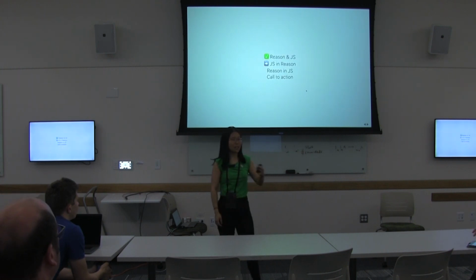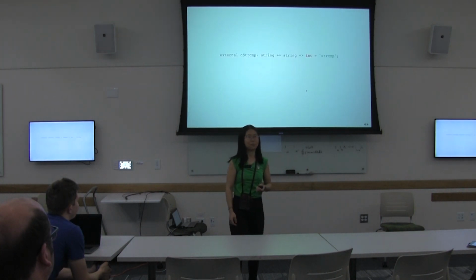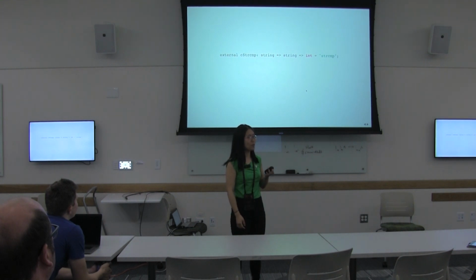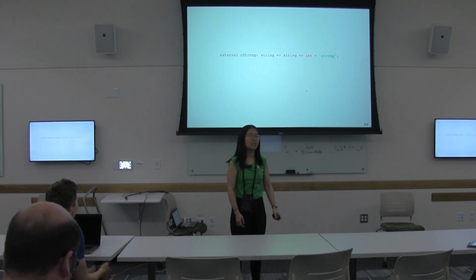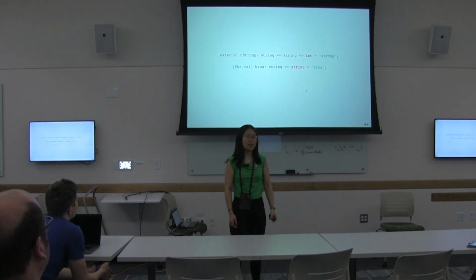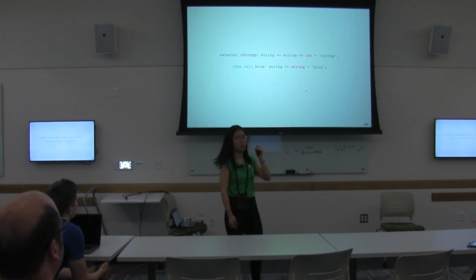But how do we actually do the interop? Because inevitably we're going to get to a point where we need to use stuff from both worlds. And this is where it gets interesting. So remember what I was saying earlier about the foreign function interface. So I can declare stuff from other languages using this kind of syntax. So the way that you do it in Reason, it's specifically designed to work well with BuckleScript.